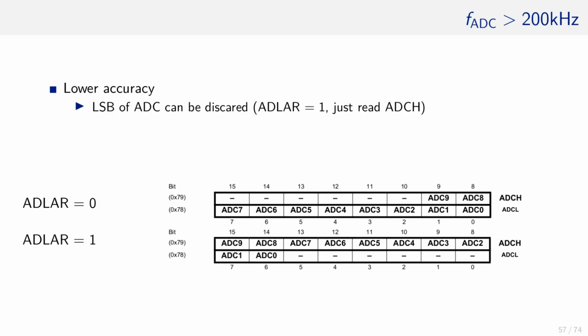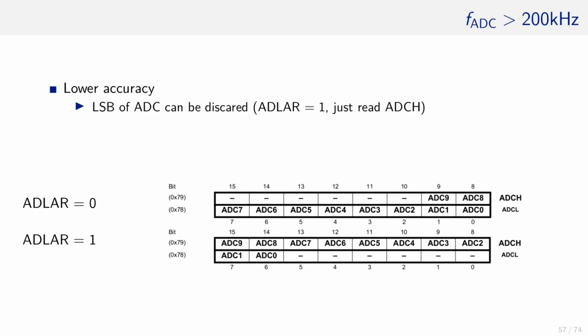But maybe you do not need that measurement to be that accurate. Maybe you just want to know if the analog voltage is either 1, 2, 3, 4 or 5 volt, and that's it. So you stress the ADC and give it not enough time to sample the last 2 least significant bits.